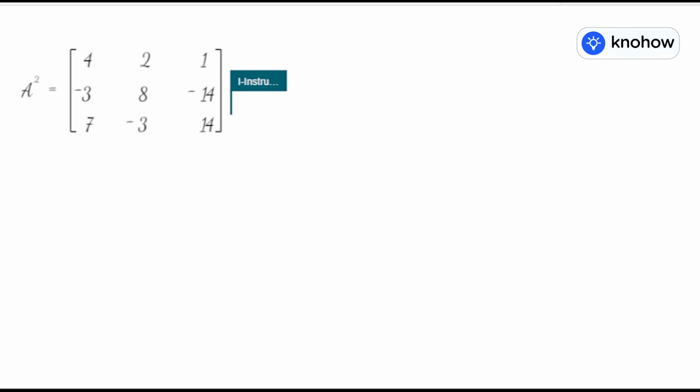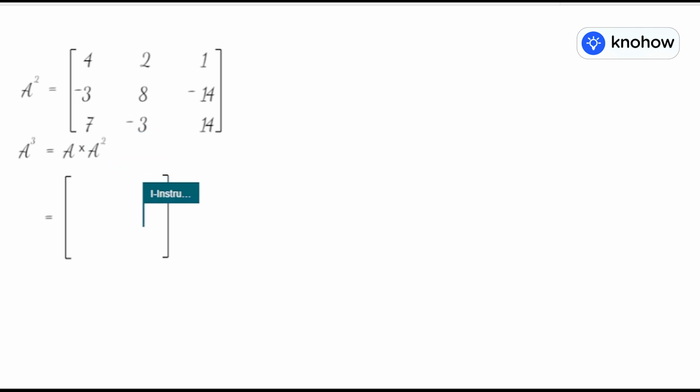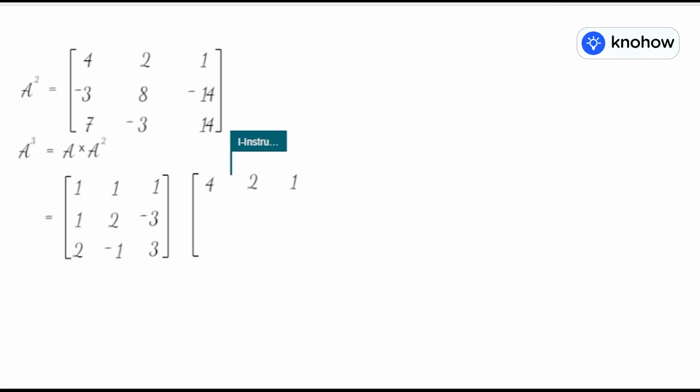And now to find out A cube. What is A cube? A cube will be obtained by multiplying A with A square. So multiplying A and A square, substituting the value of A, [1, 1, 1; 1, 2, -3; 2, -1, 3], we have already worked out A square is [4, 2, 1; -3, 8, -14; 7, -3, 14].